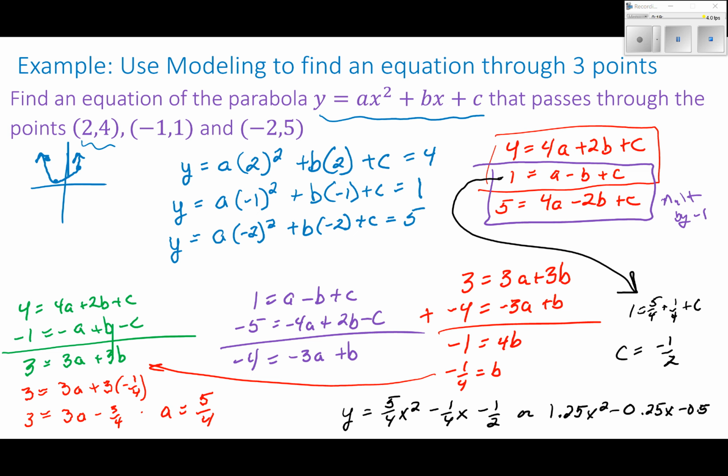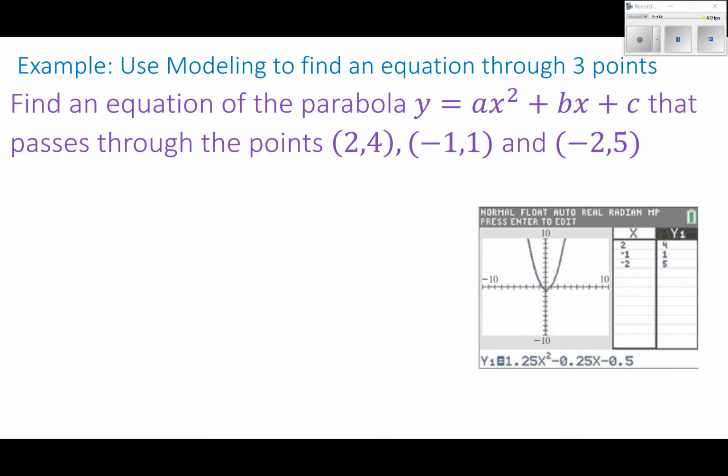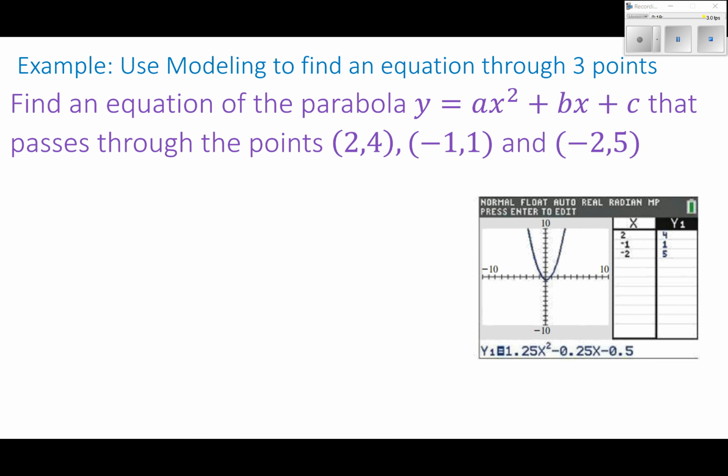So here is our equation that contains these 3 points that we initially started out with. If we want to see it graphically, this is what this equation graphed is. 1.25x squared minus 0.25x minus 0.5 is a parabola that looks like this, and shows right here that those points are contained. They are on the line of that parabola.